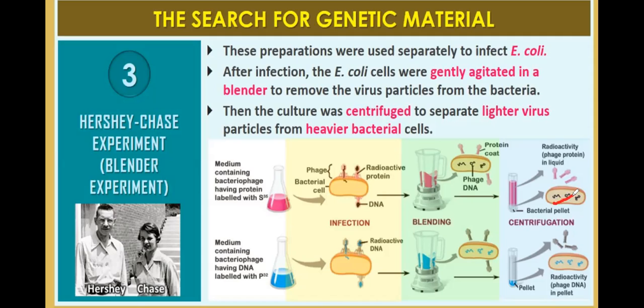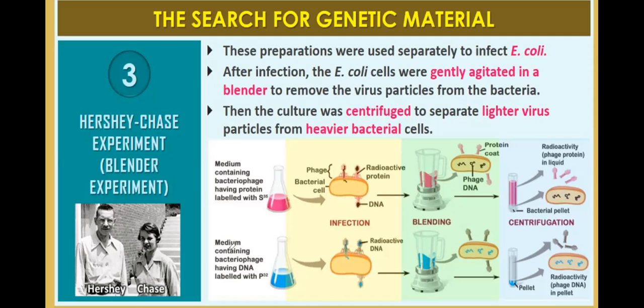Radioactive material was not reported. Because protein is not going inside the bacteria, only DNA is going, and DNA is not labeled. Therefore, no radioactivity was found in the bacterial cell.